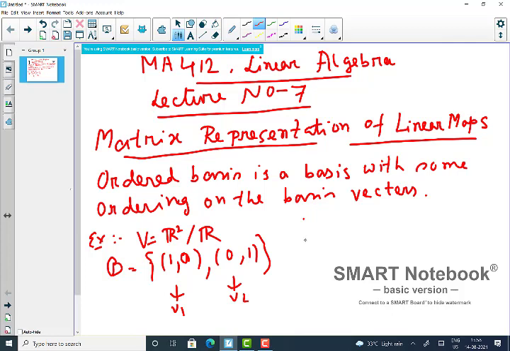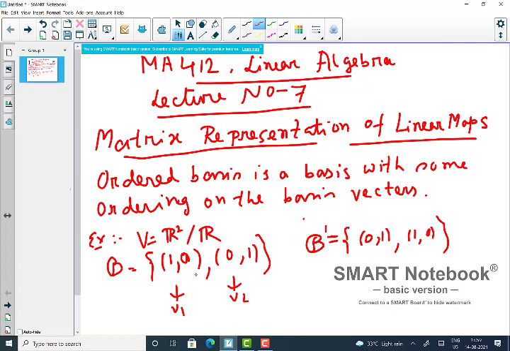For example, if you choose, say, B dash as 0 1 and 1 0, as I said they are the same set, but when you talk about the ordering they're different. Here the first vector is that 0 1 vector and the second one is the 1 0 vector, but here it is the opposite.